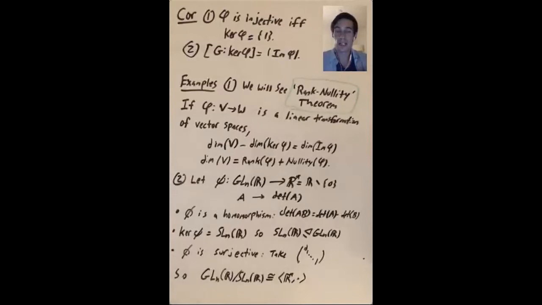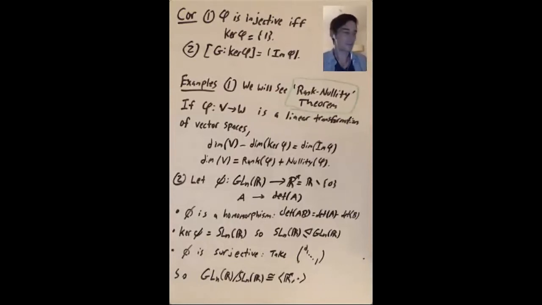And for the other direction, if the kernel of phi is the identity, then G mod the kernel is just isomorphic to G, which is isomorphic to the image of phi.